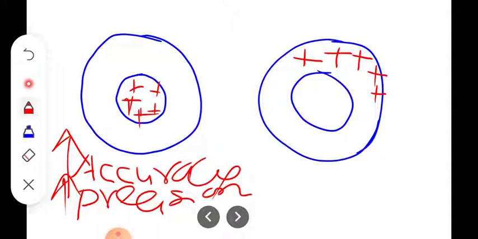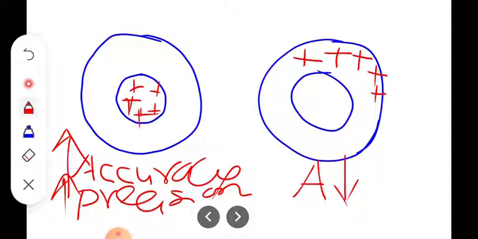In that case, the archer has missed the bull's eye by a larger distance. That's why we can say that the accuracy of that archer is lower. That archer has missed the bull's eye by a much greater distance.